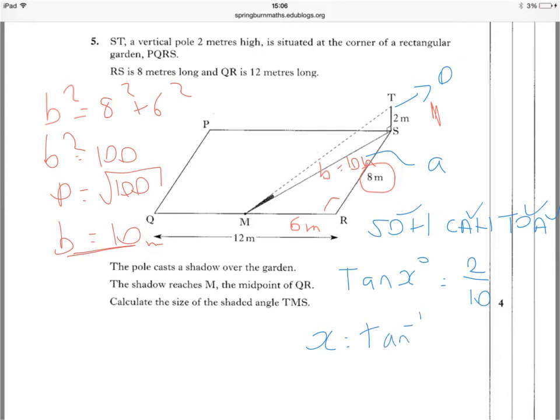Now at that point it's just entering the stuff into the calculator, and I'm going to round this to 1 decimal place. And the final answer is 11.3 degrees.